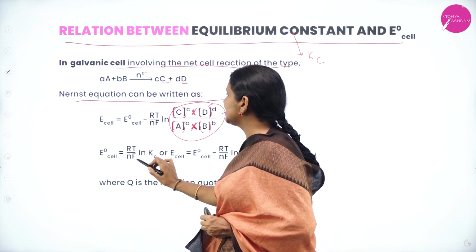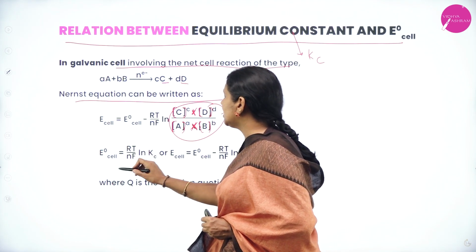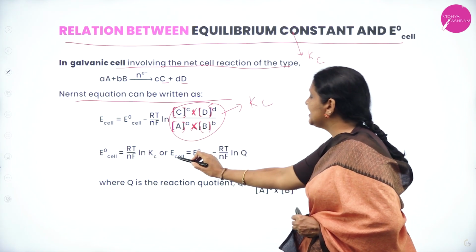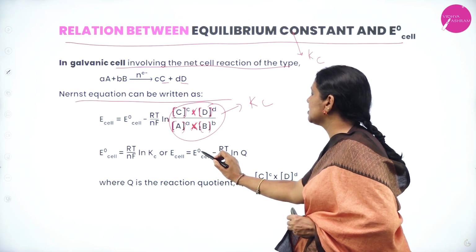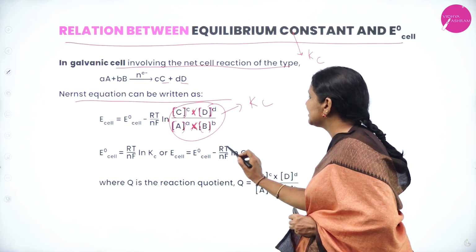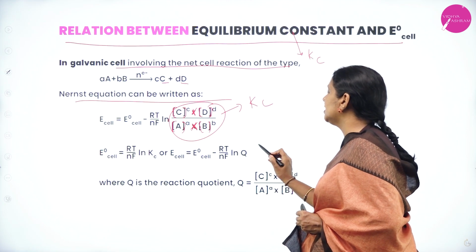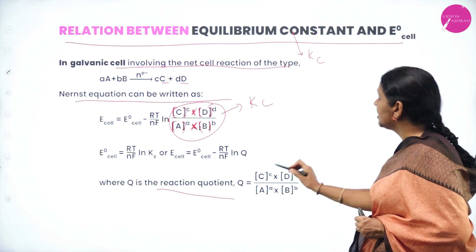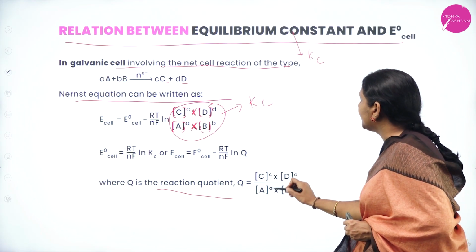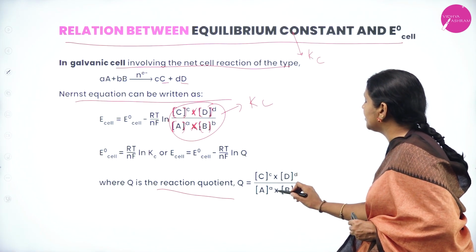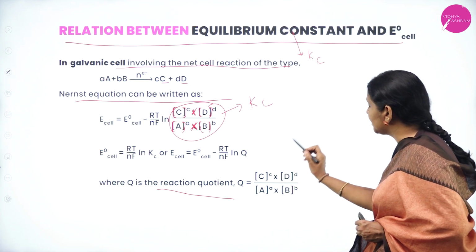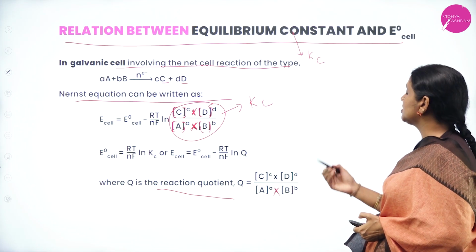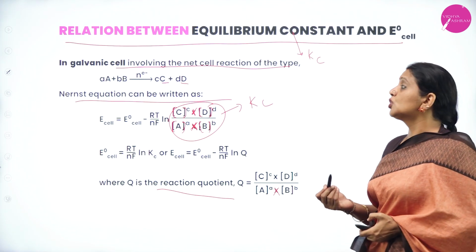E cell is equal to E naught cell minus RT by nF log natural Q. Q is the reaction quotient, equal to the product of the molar concentrations of the products raised to their stoichiometric coefficients, over the product of the molar concentrations of the reactants raised to their stoichiometric coefficients.